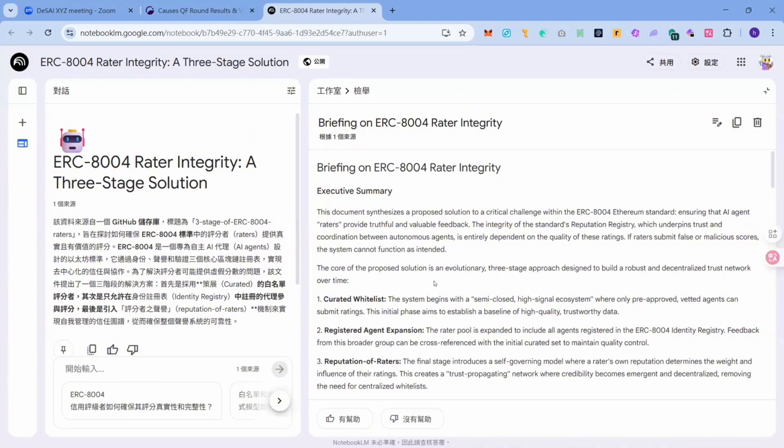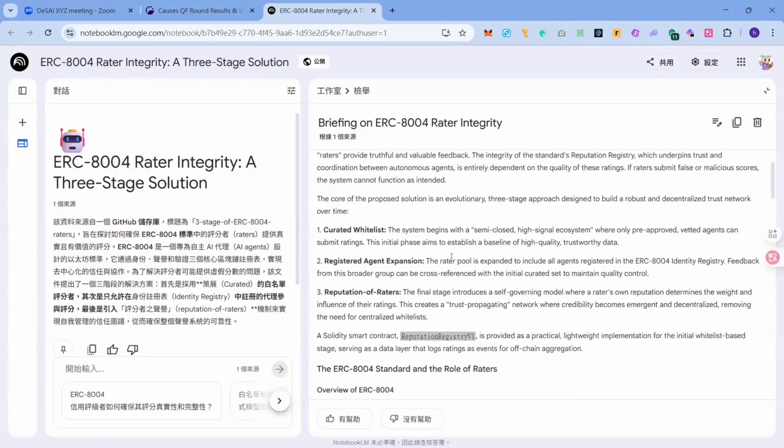So the main problem is how can we ensure that the rater gives the real score, or that they didn't lie, or just give all the agents 10 or full score. So it turns out that there is no reputation at the end.